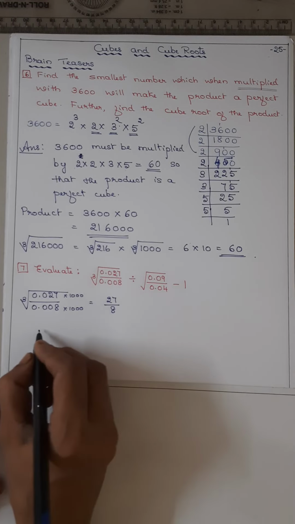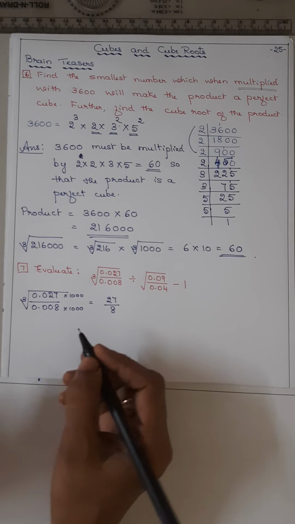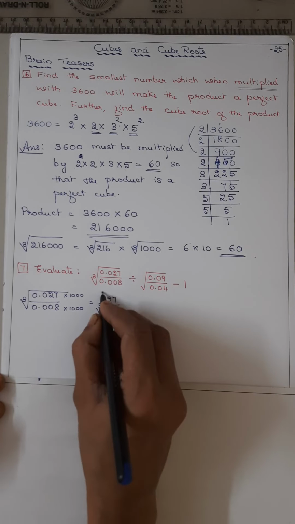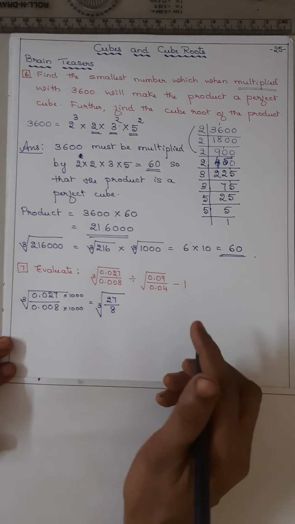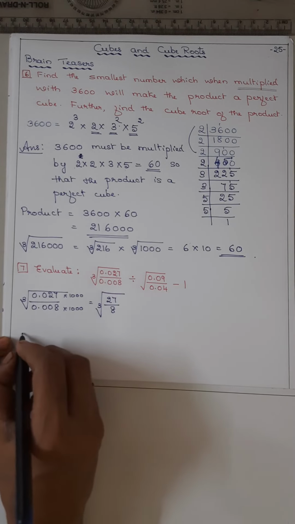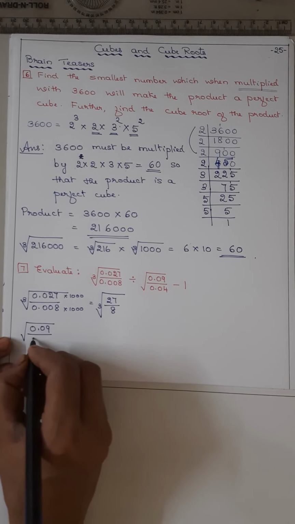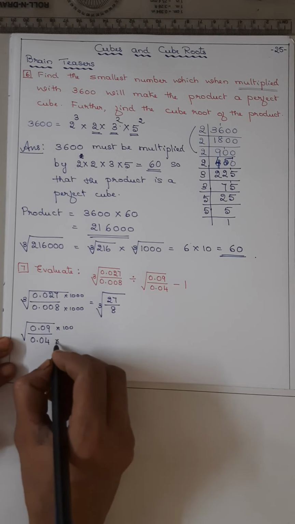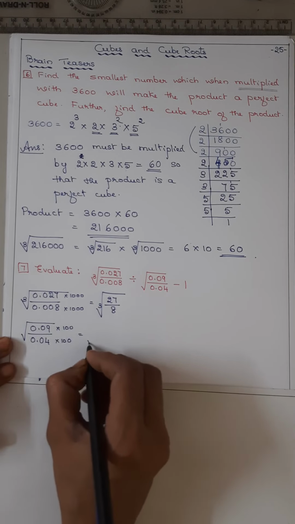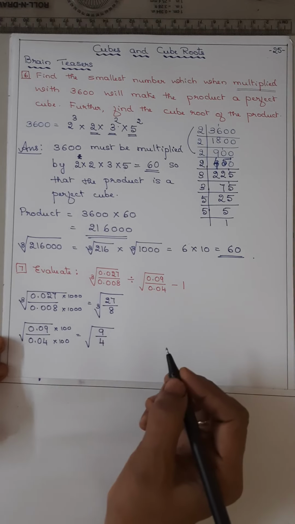Then here cube root of 27 upon 8. Now this one, square root of 0.09 upon 0.04, multiplied by 100, we'll get square root of 9 by 4.